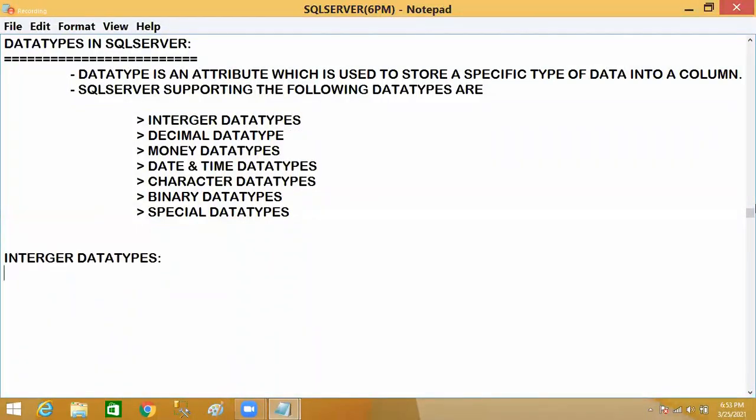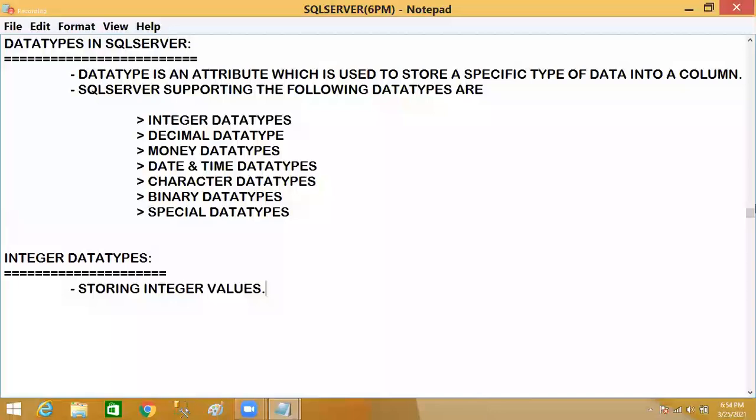Integer data types are for storing integer type of data, so they store only integer values.